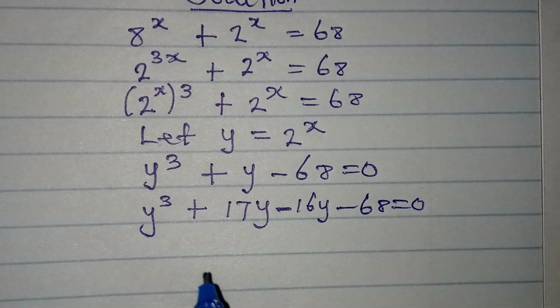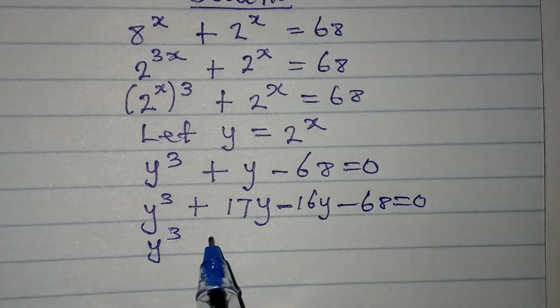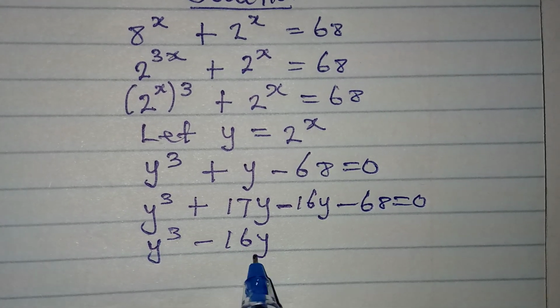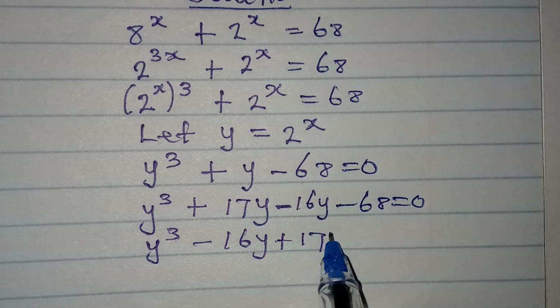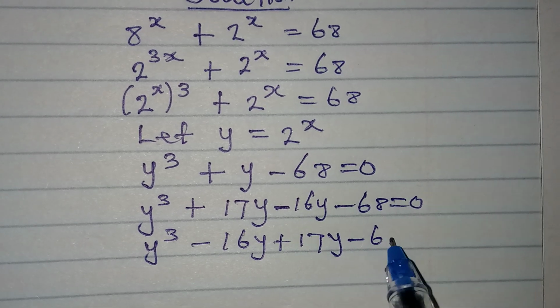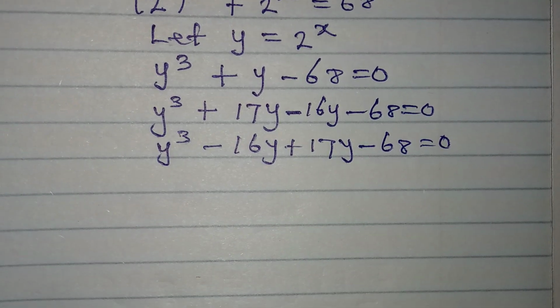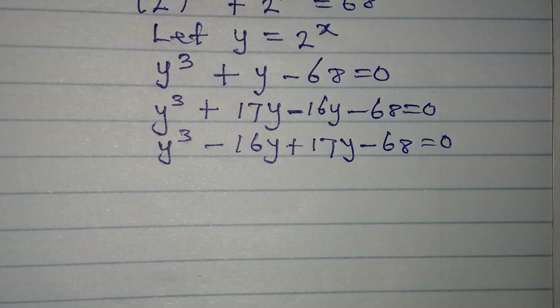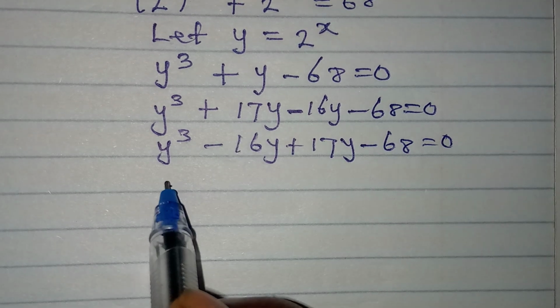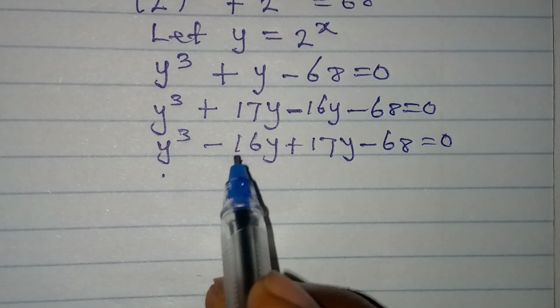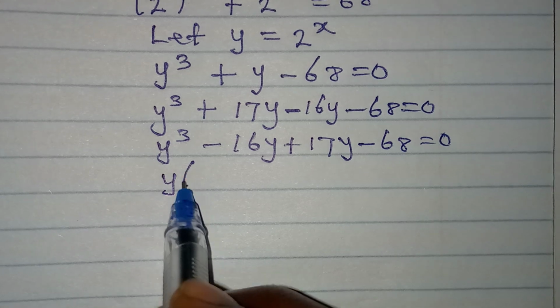So let's rearrange this again. y to the power of 3 minus 16y plus 17y minus 68 is equal to 0. So that this way 17y and 68 can be factored, right? Now come back here. Let's group these two and factorize. y is common to those two terms.